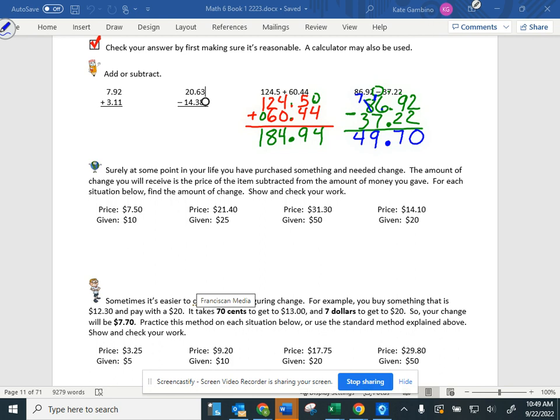If I was over here and I had my 124.5 plus 60.44, and I added, and I said, okay, 124.5 plus 60, does that equal 72? That's my checkpoint. Does it make sense? Does 124 plus anything go down to 72? No, that's going to tell me I made a mistake.